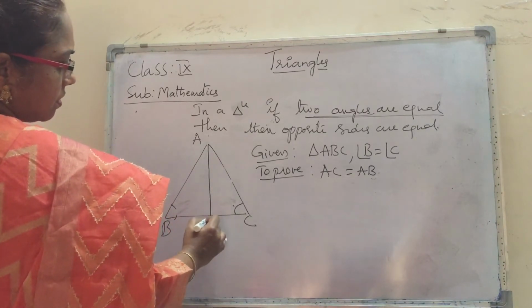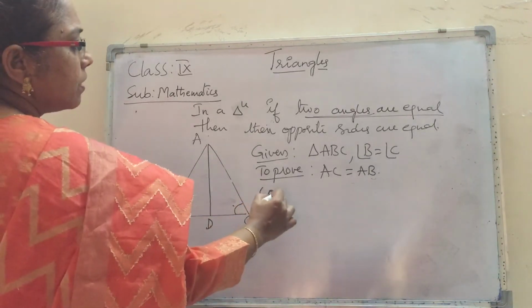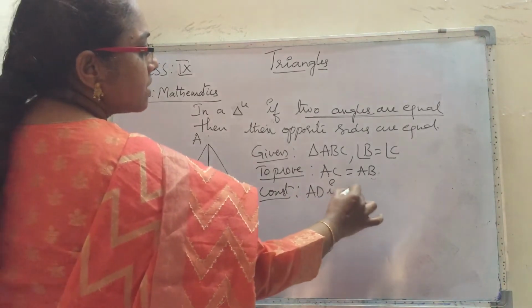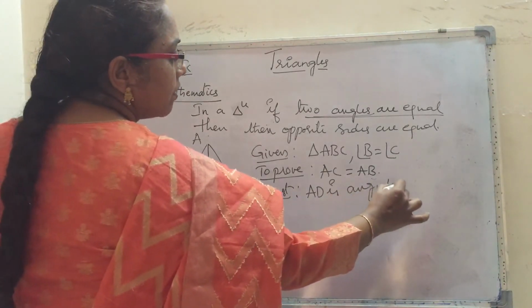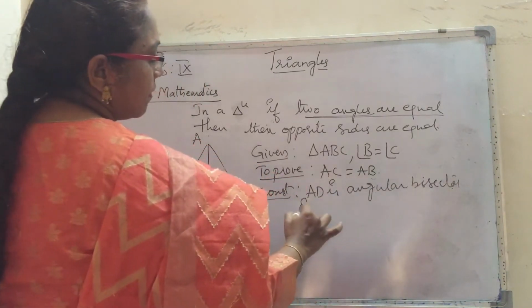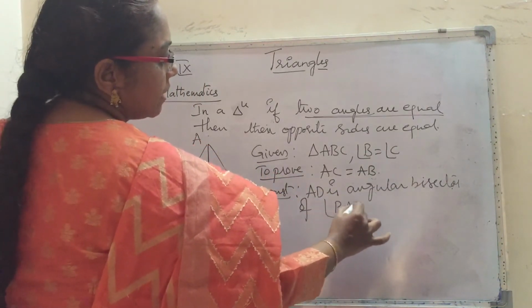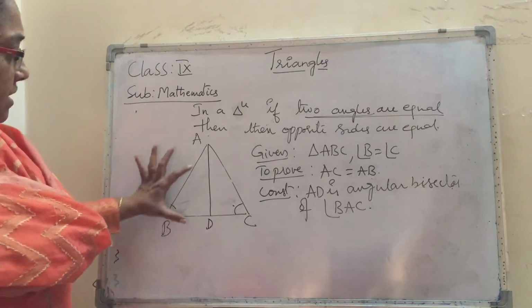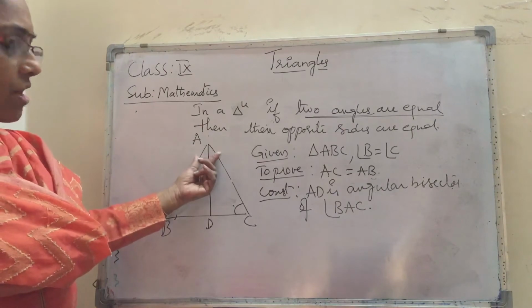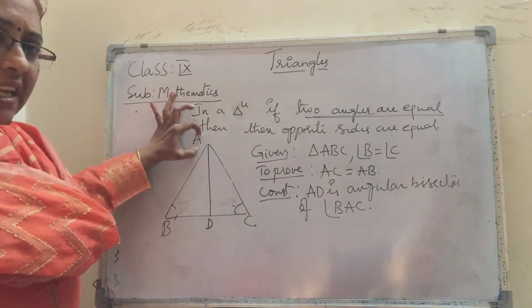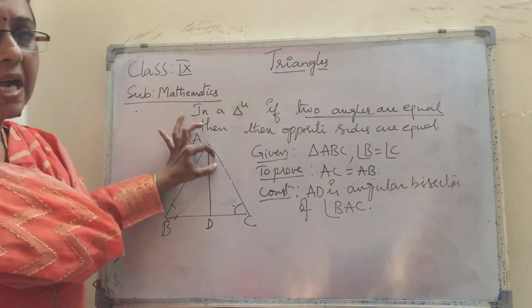Suppose you constructed AD as the angular bisector of angle BAC. Children, what is meant by angular bisector? Here AD is the angular bisector of angle A, which means AD divides angle A into two equal parts.